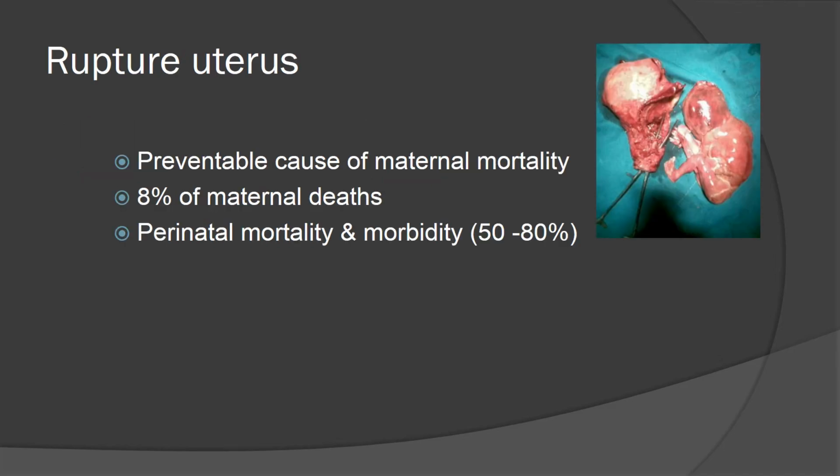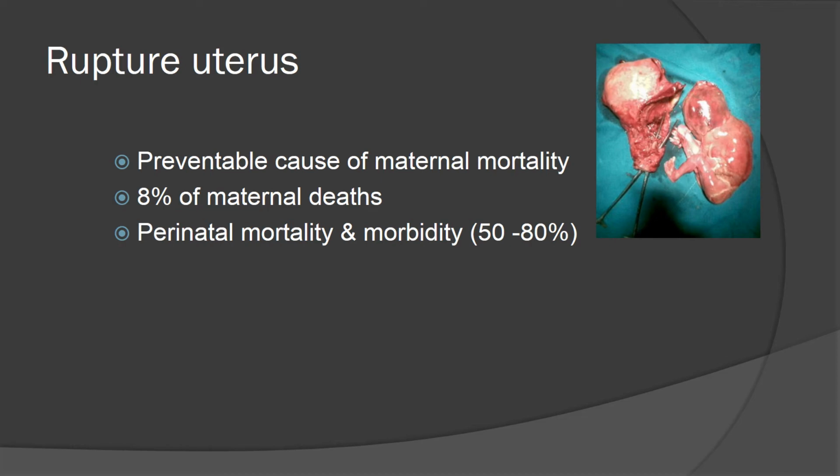So we will come to the most important complication of an obstructed labor, the ruptured uterus. Ruptured uterus can also occur due to other causes, and as I already mentioned, it is a preventable cause of maternal mortality.